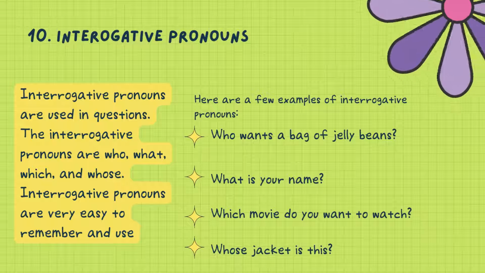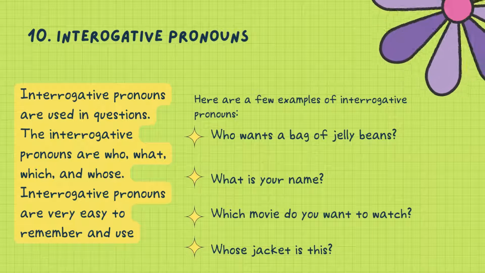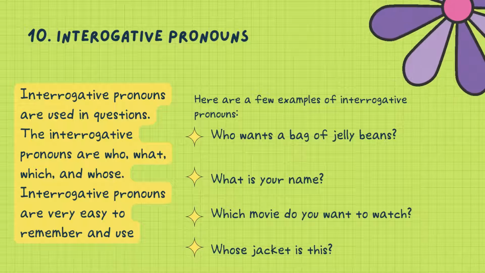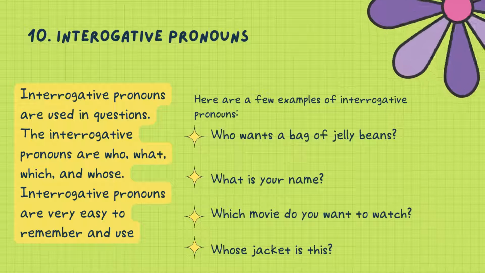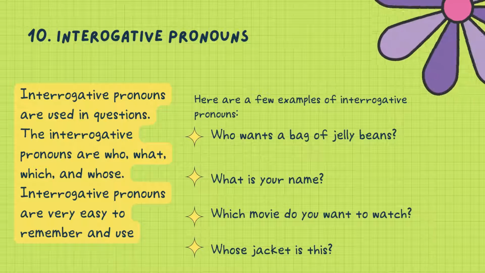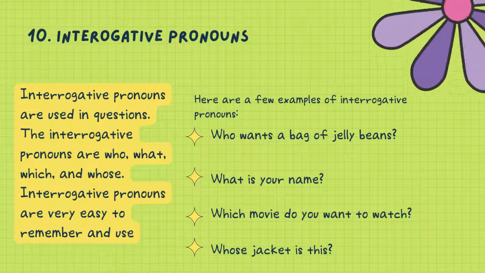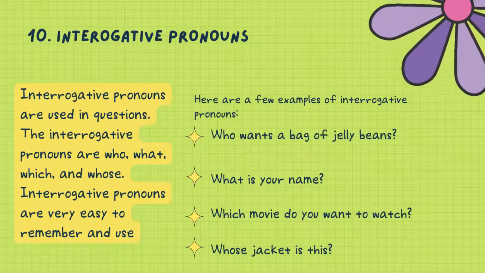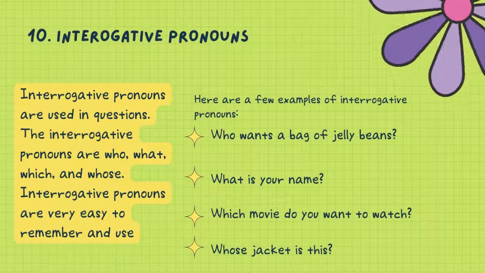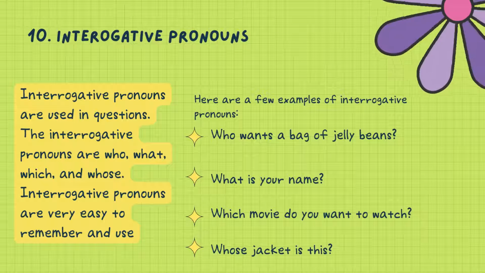You will know for certain that a pronoun is classified as an interrogative when it's used in an inquiring way, because interrogative pronouns are found only in questions and indirect questions. The interrogative pronouns are who, what, which, and whose. Take a look at these examples.